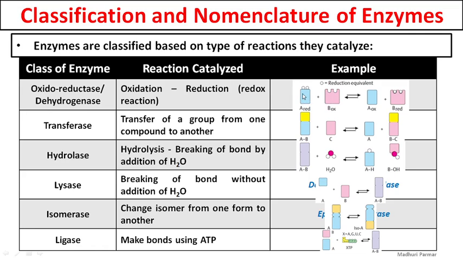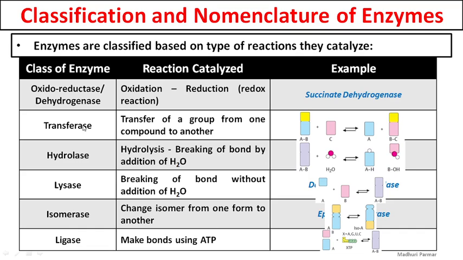What will happen is, let us say this A is transferring its electrons or hydrogens to the B, and this whole process is called oxidation reduction reaction, and this type of reaction is performed by oxidoreductases. Example is succinate dehydrogenase, which we just saw right now in competitive inhibition.